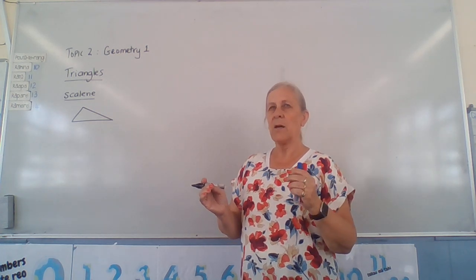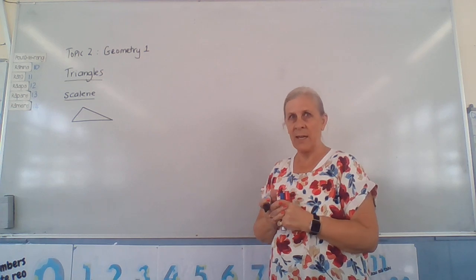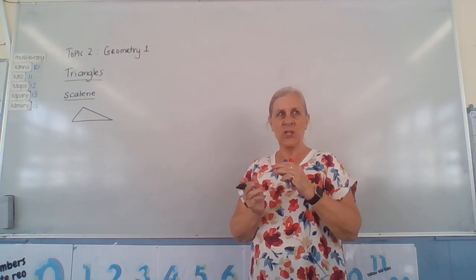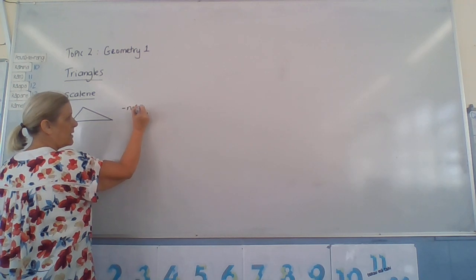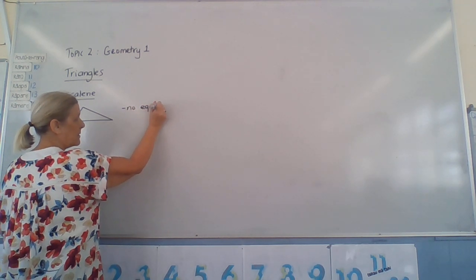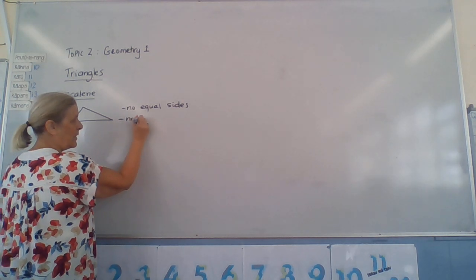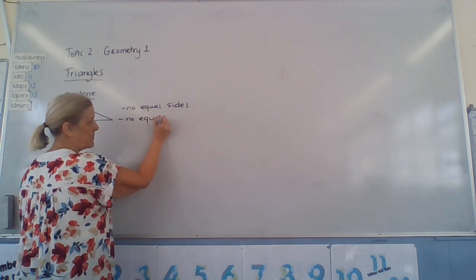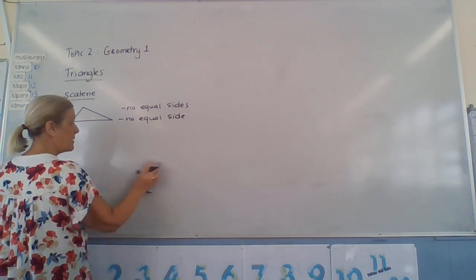All right? So you need to try and make sure you draw it like mine, okay? As uneven as you can make it. So no equal sides, because then it becomes something else. No equal angles, again, because it becomes something else. Oh, that's not angles, that's sides.